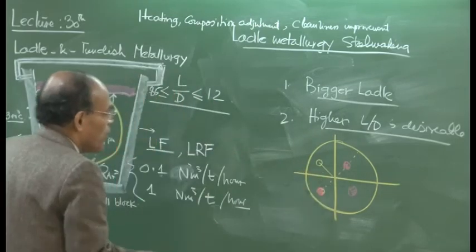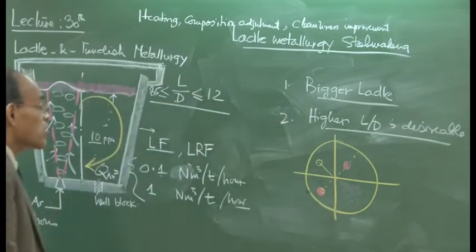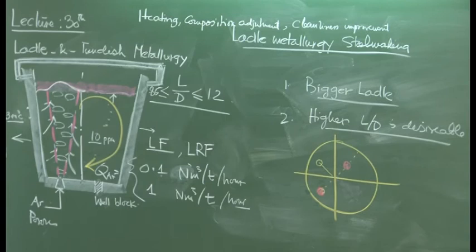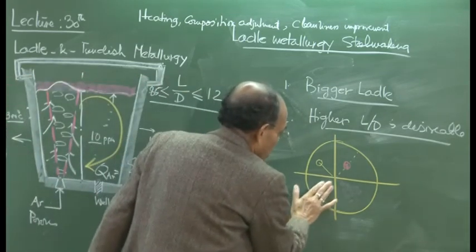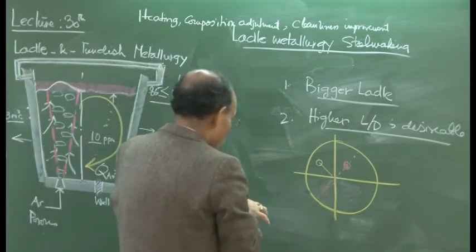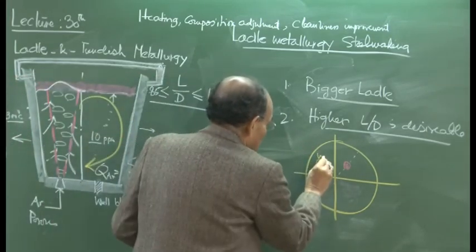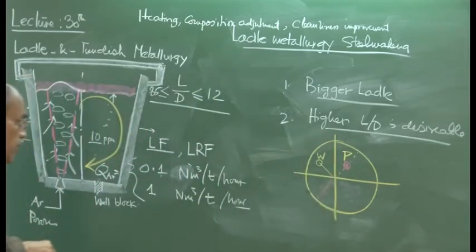So, there are several combinations, and what I have shown here are two diametrically opposite plugs located at the mid bath radius position. If you have a single plug, then it is also located at the mid bath radius position, and this is the well block, W, and this is the plug. The plug is never located at the center, and that will be very clear to you when you talk about this.